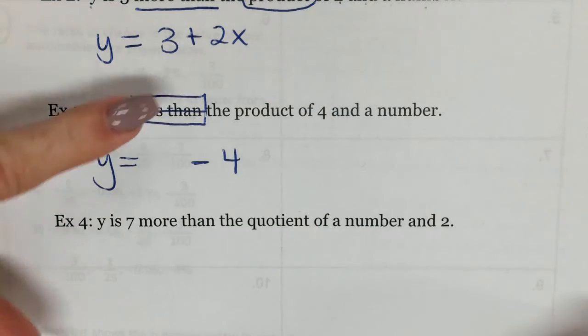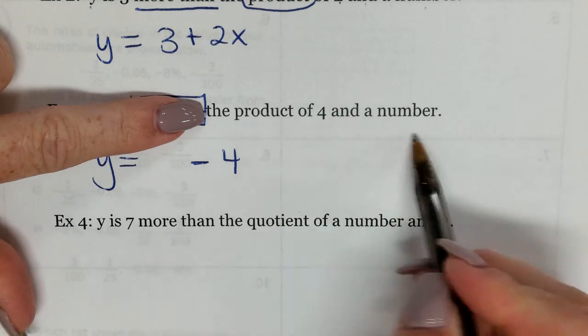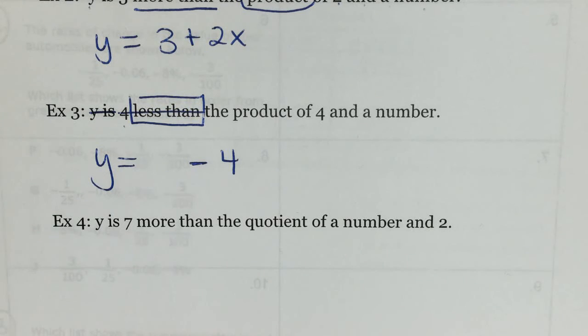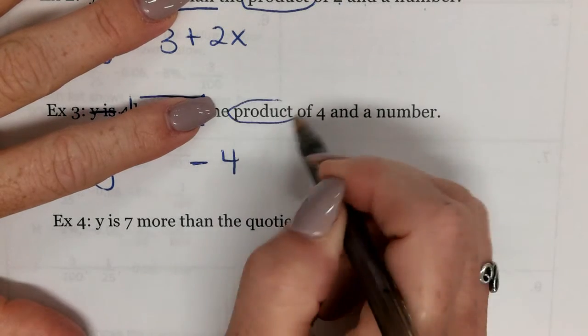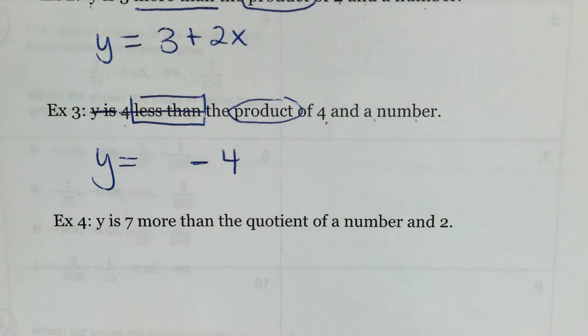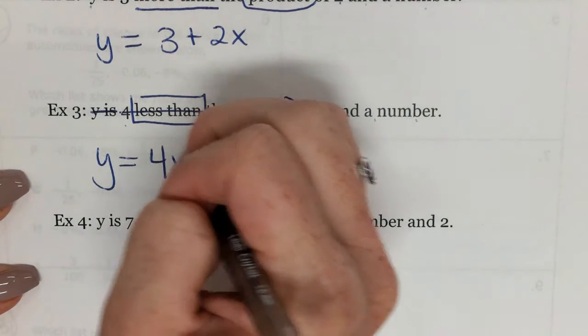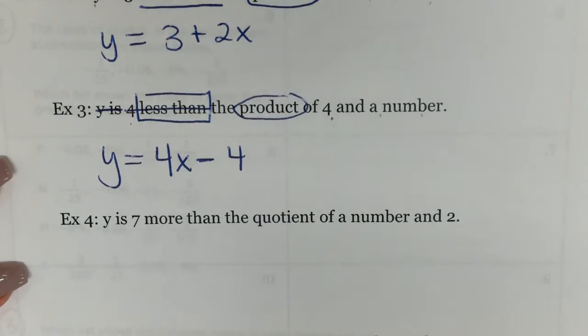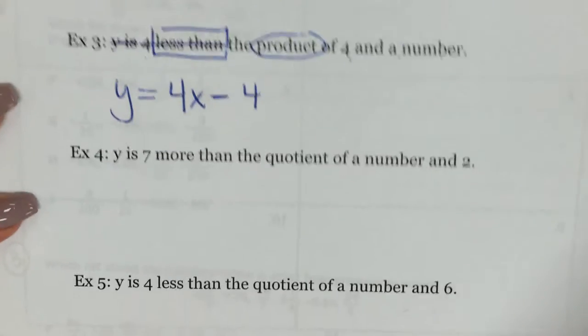Okay, I'm done with those. And whatever I have here will go in the front. It's the only time you switch, right? The product, what did we say product means? Multiply 4 and x. So 4x. 4 times x is 4x. Done. Y'all want to try the next one on your own? Okay, try to write it.